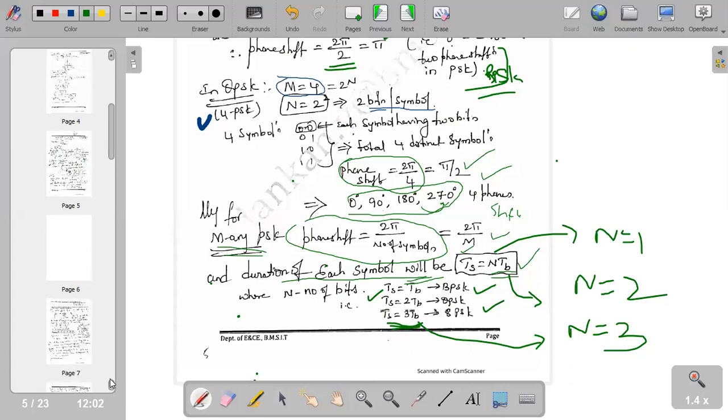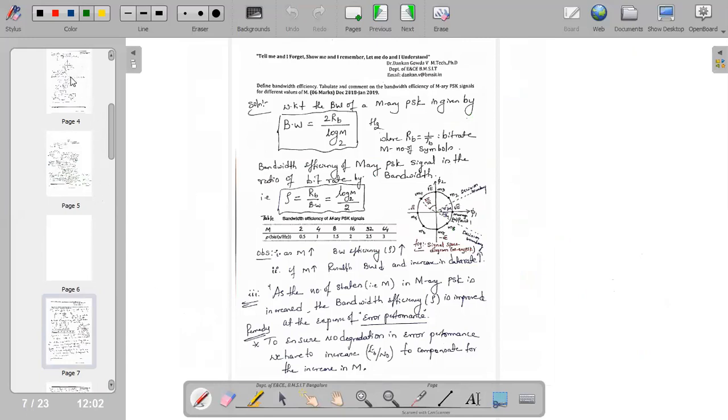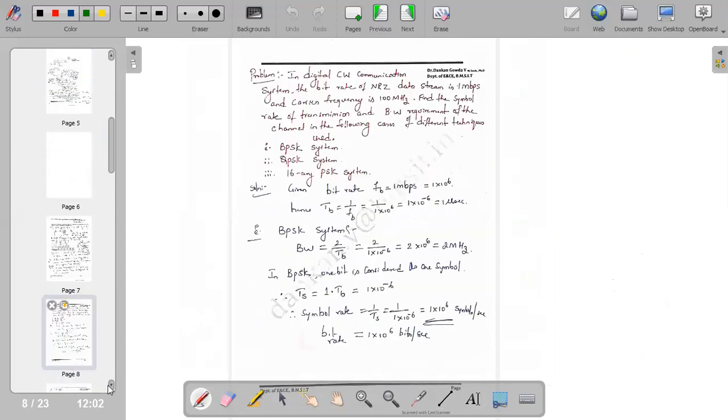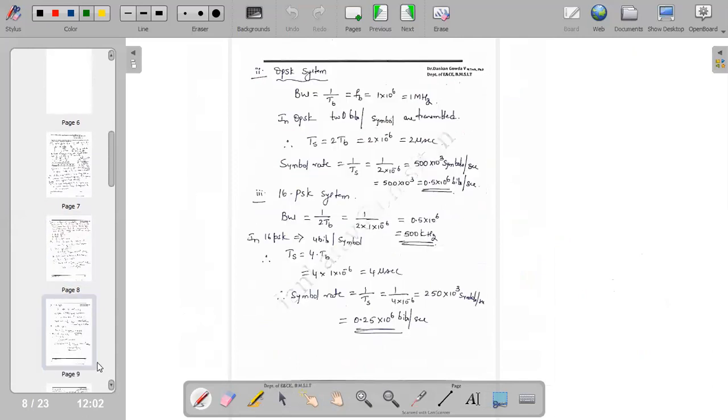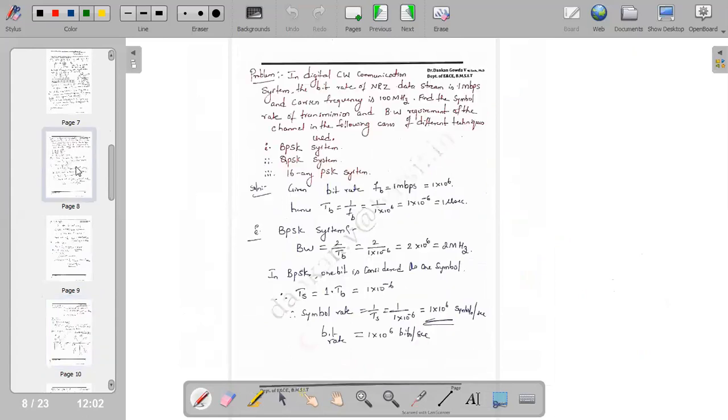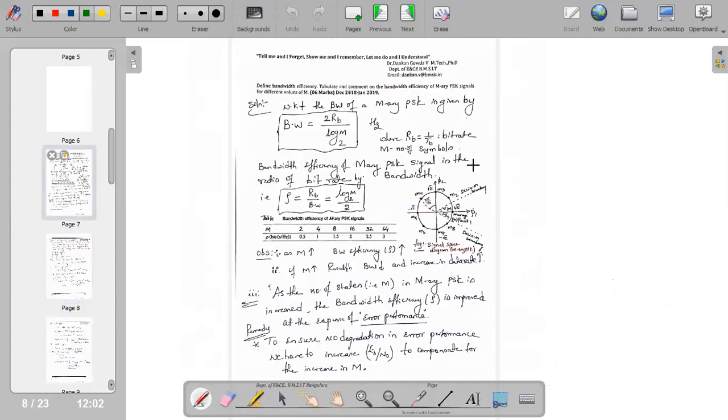Again, now observe here. Yeah, fine. Now please observe here. This is a question they asked in one of the question papers. So I have taken this question. Let me answer this question now.